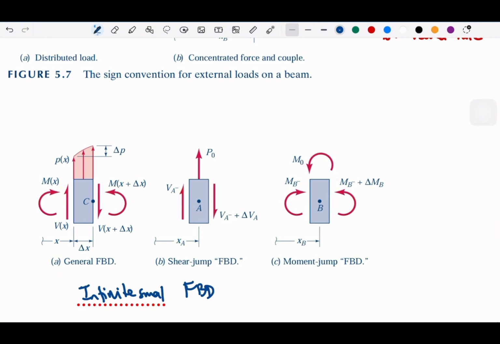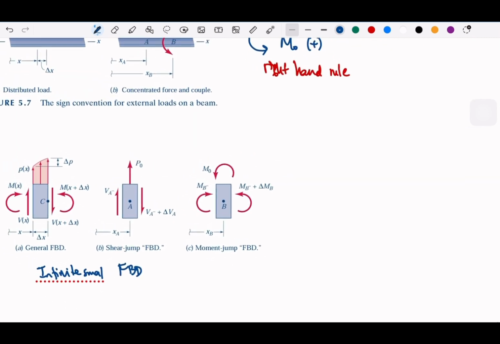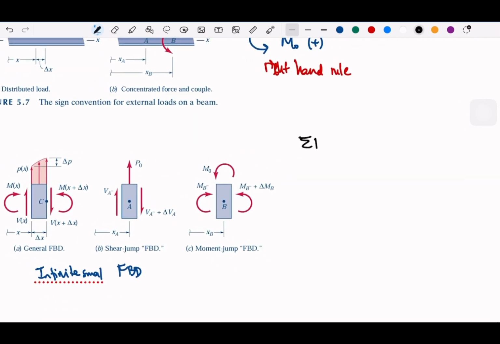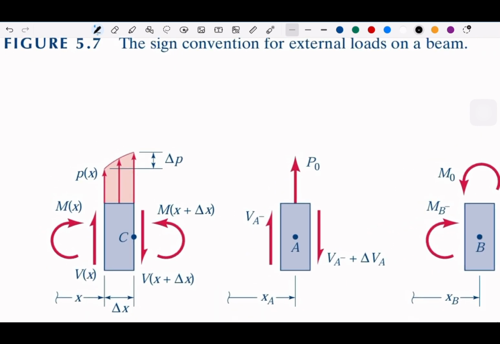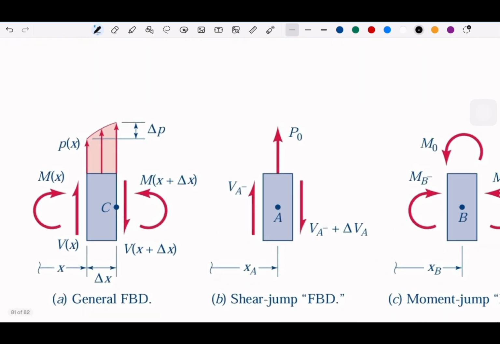Now we take the sum of forces on the y-axis. From the picture, we see that V of x equals, we have the distributed load, P of x, times delta x.